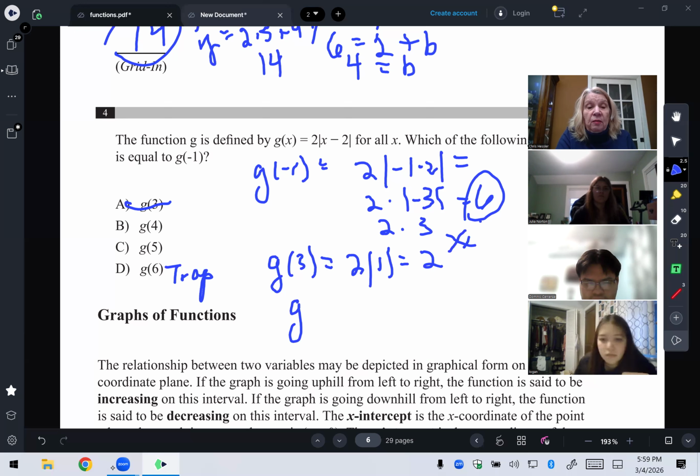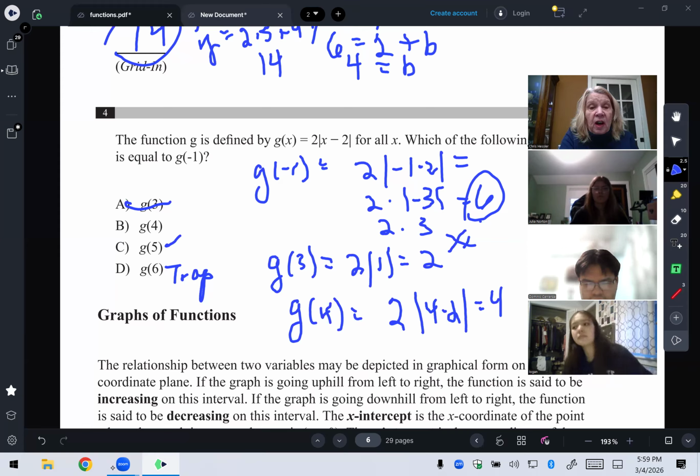If I put g of 4 in, I'm going to get 2 times 4 minus 2, 2 times 2 is 4. That does not equal 6. If I try g of 5, I'll get 2 times 5 minus 2, and that's 2 times 3. So the answer actually will be C.